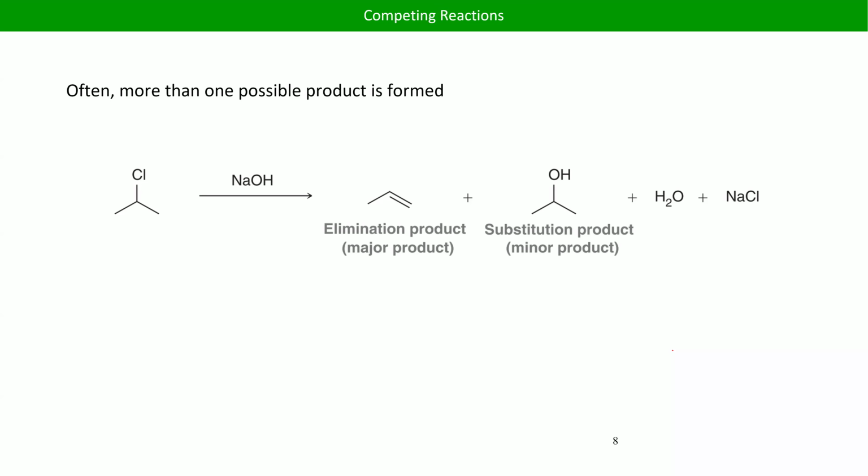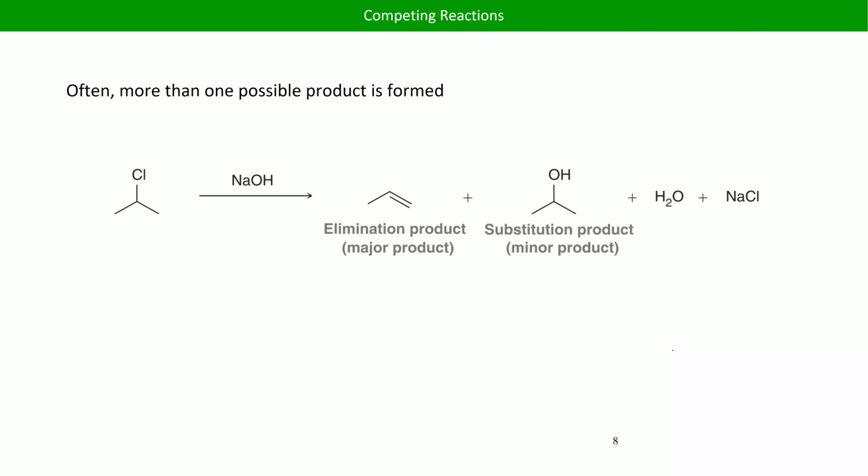In organic chemistry, a lot of times when we write out reactions where we have more than one possible product, it's not gonna look balanced unless you consider the fact that you don't have a 1-to-1 ratio of either of these.